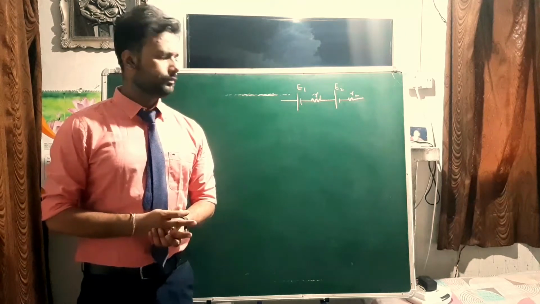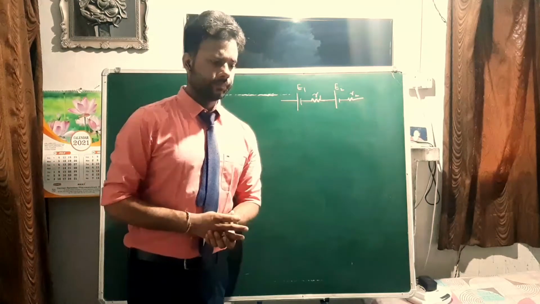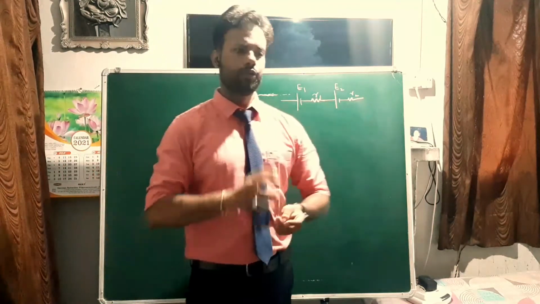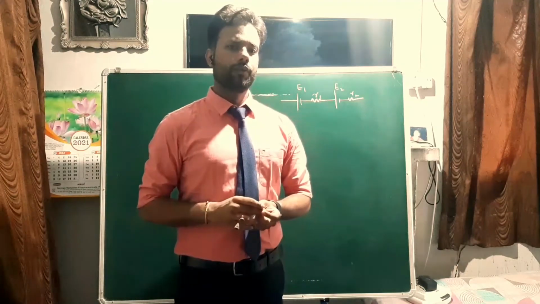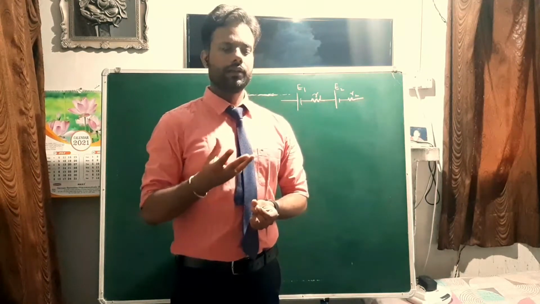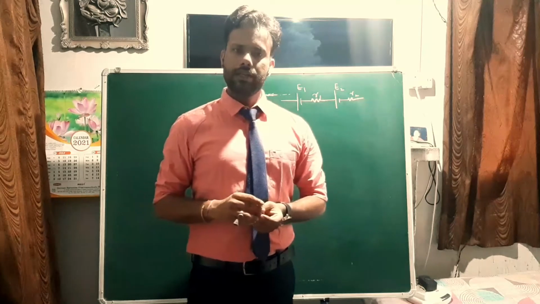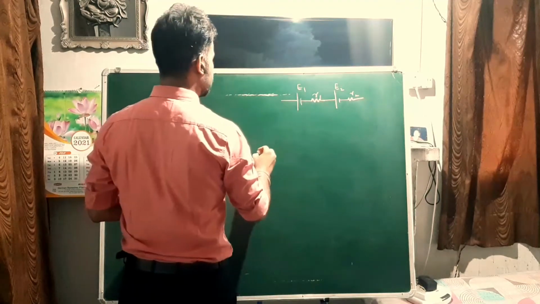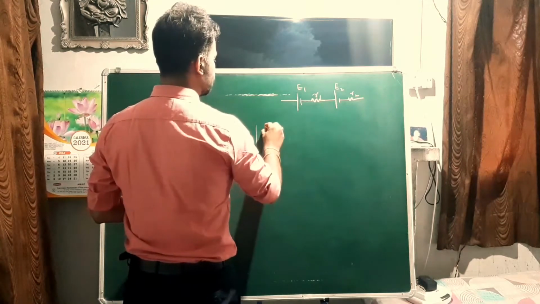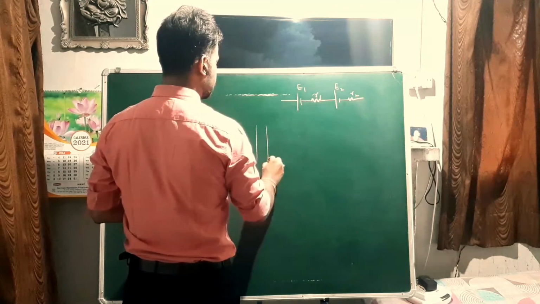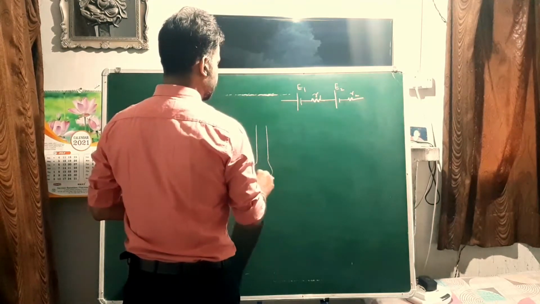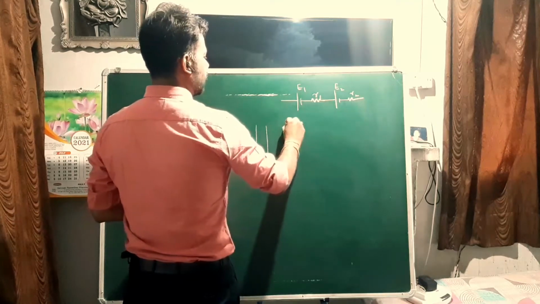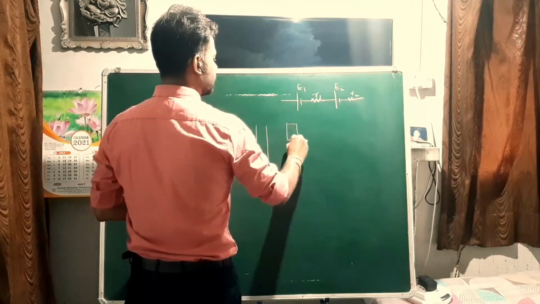What does it mean? Have you ever taken a torch and put the cell in it? So what is the sequence when you put cells into the torch? If you remember, let's suppose this is a torch, right? And this is the cell.